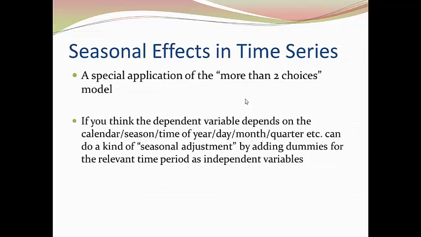Now, if we want to determine if there's seasonal effects, we might think that the dependent variable depends on the calendar, the season, the time of year, day, month, quarter, something like that. And we can do a seasonal adjustment by adding dummies for the relevant time period as independent variables.